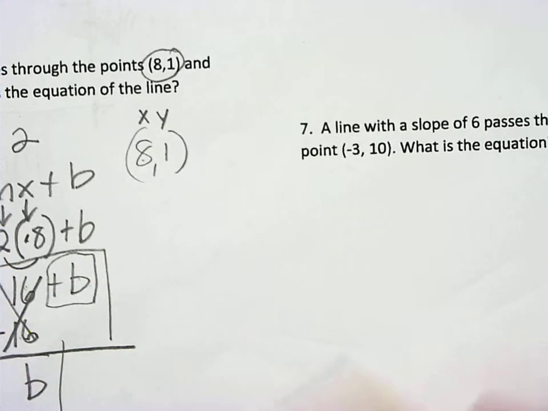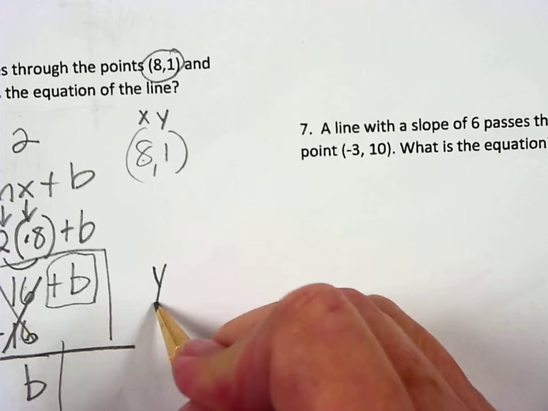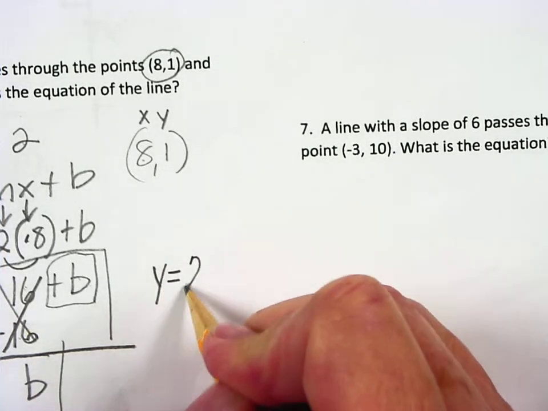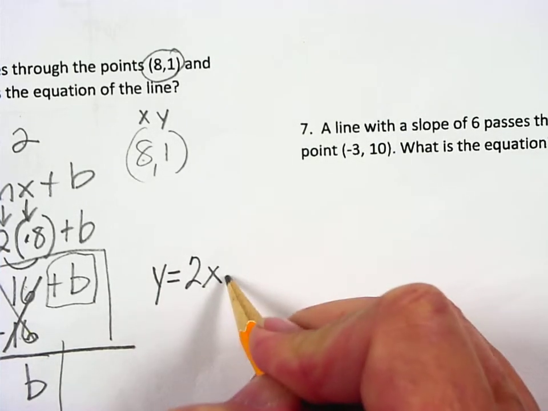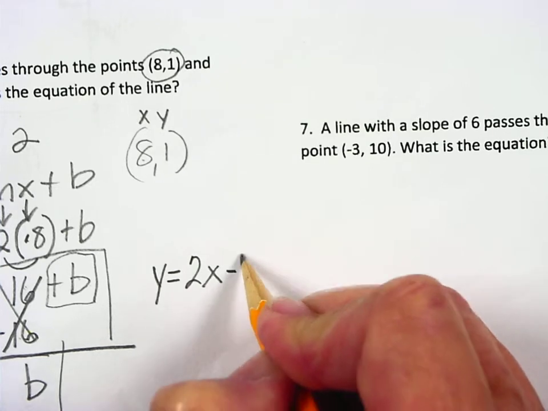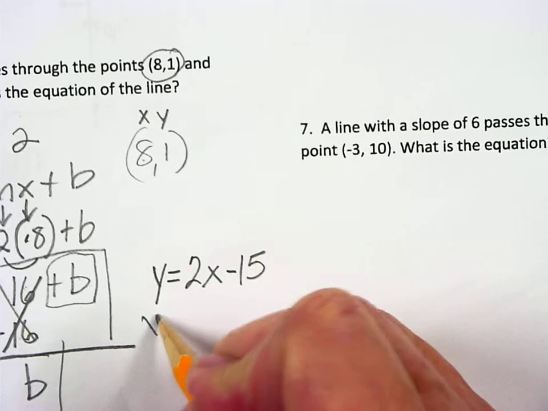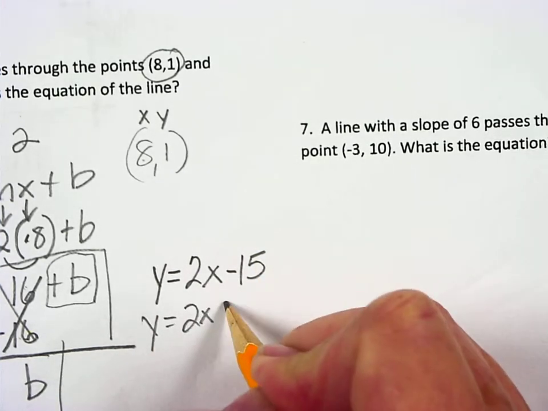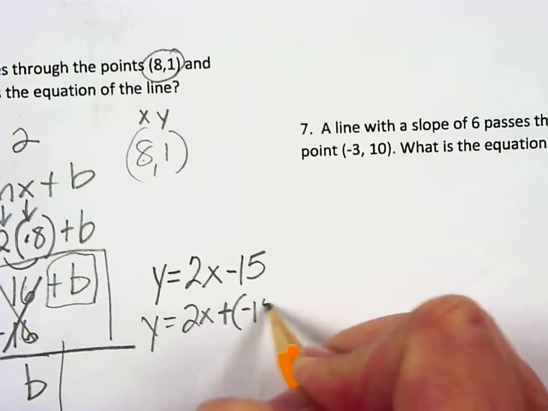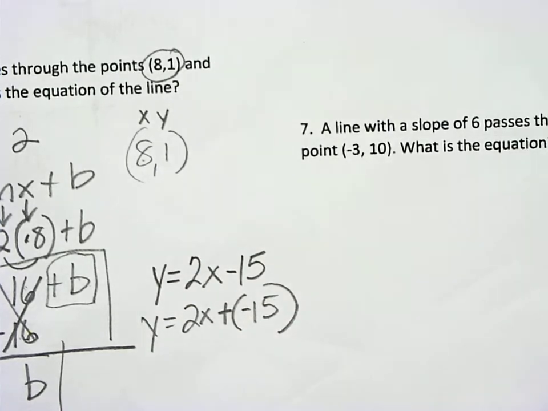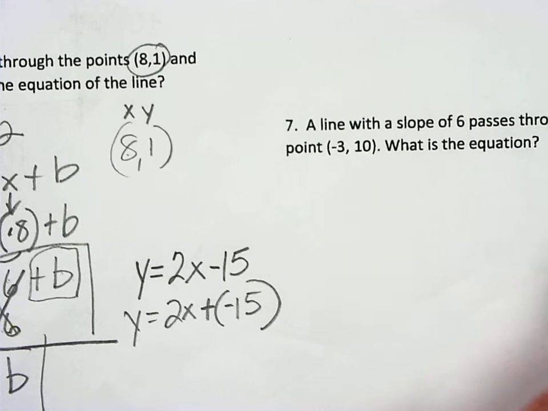And there's your b. So your equation will be y equals slope times x. You can either say minus 15 or you can say 2x plus negative 15. Either answer is correct.